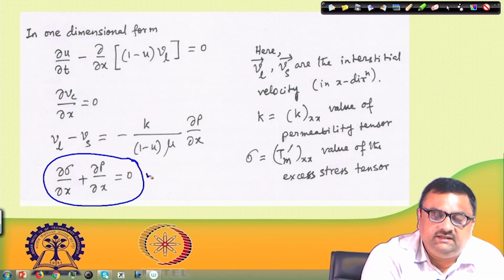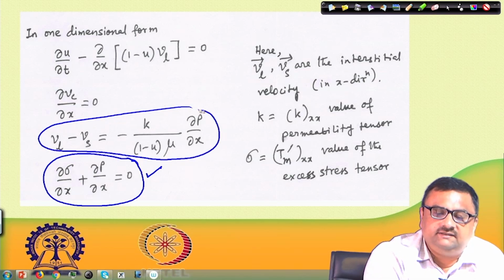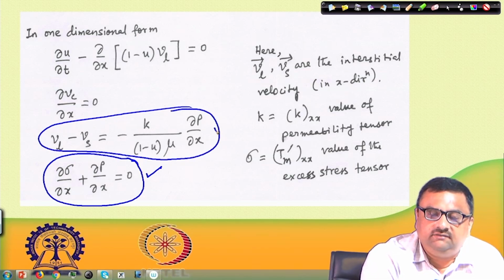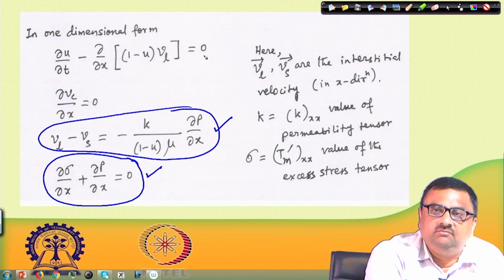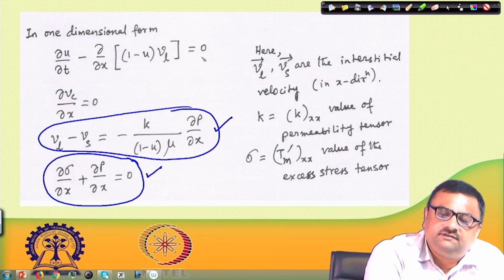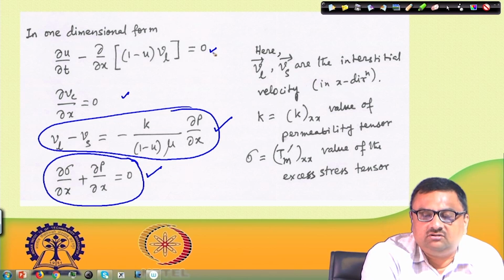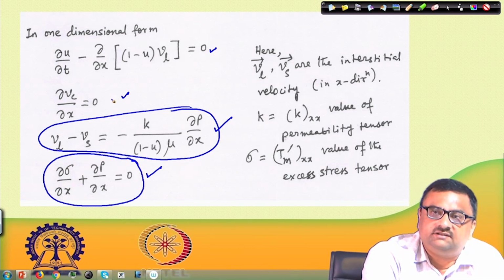So, sigma and p are related by VL minus Vs, the relative velocity of the liquid, which is given by Darcy's law, and you have to have volume or mass conservation, which is essentially volume conservation, since rho L and rho S are constant. Either you use the liquid and solid conservation equations, or here we have used liquid and the composite conservation.